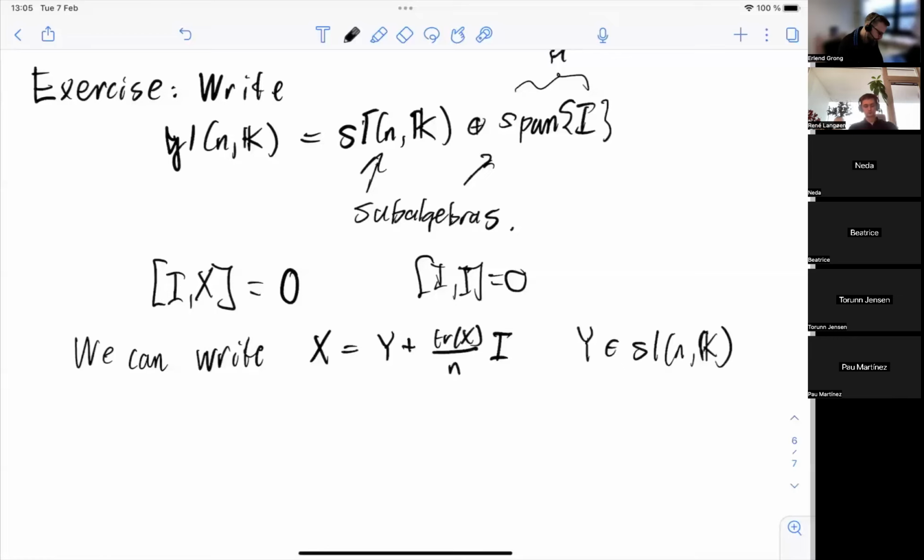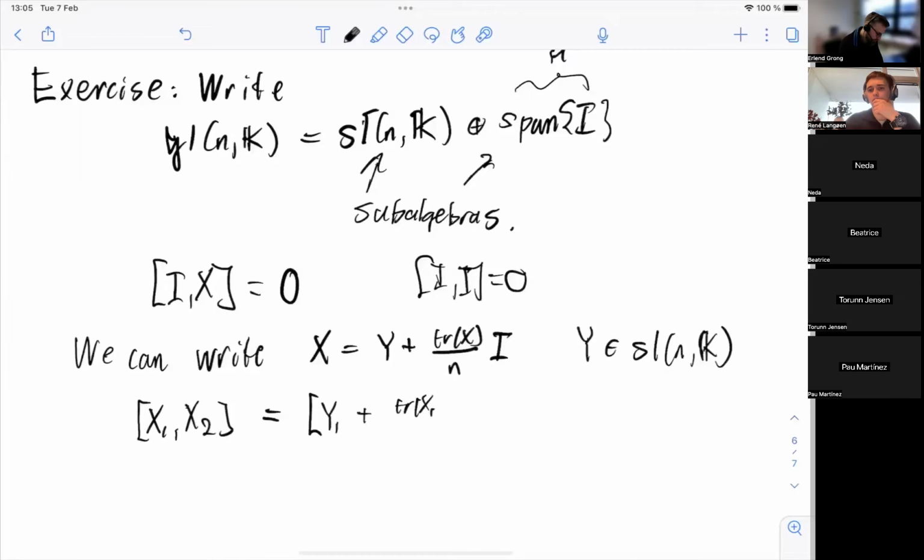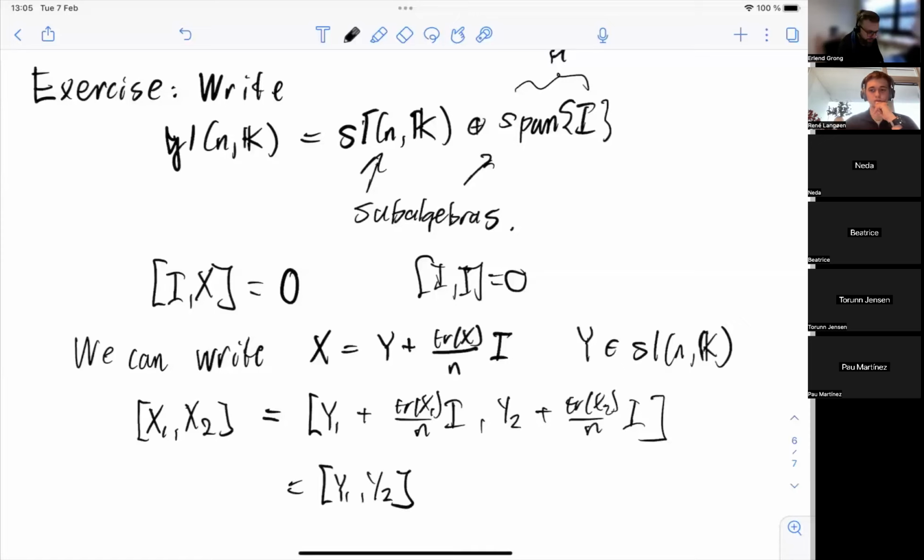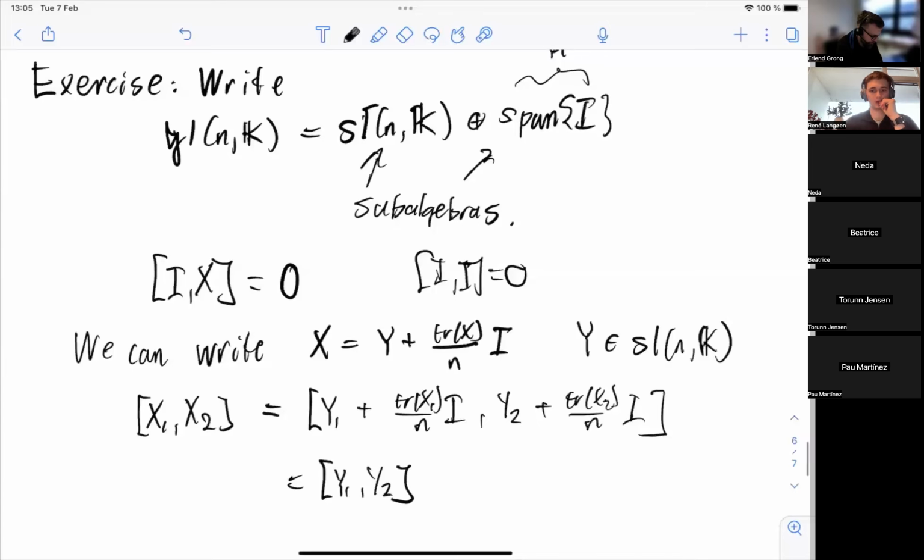And then if we take the bracket of 2 elements, x1, x2, this is then y1 plus the trace of x1 divided by n times identity, y2 plus the trace of x2 divided by n times identity. This will then just be the brackets of these trace-free parts.